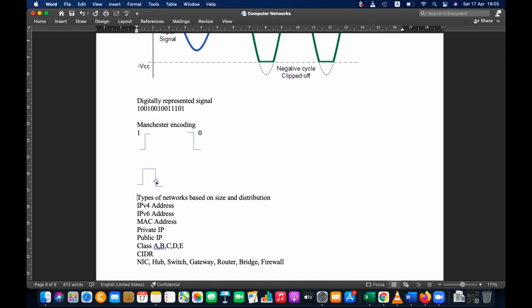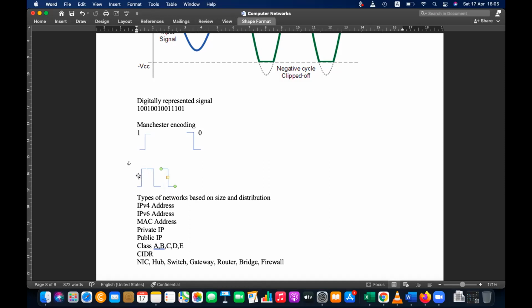So this is the high tone and then the lower one. When you have a lower one and again a lower one, you write the same signal again with the lower one.